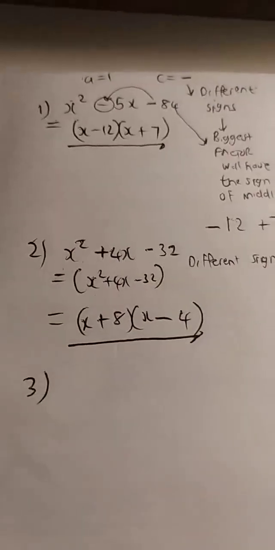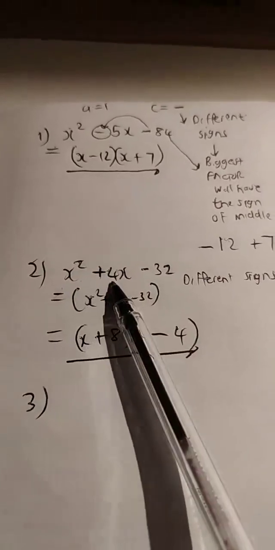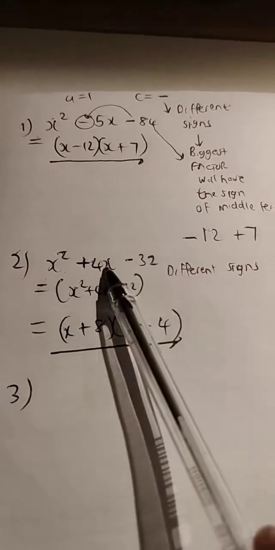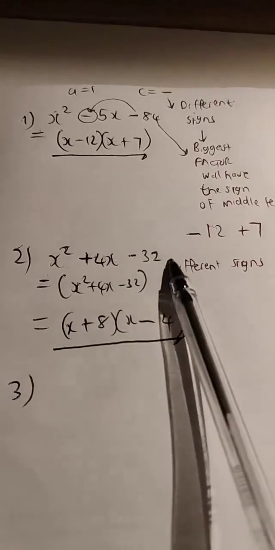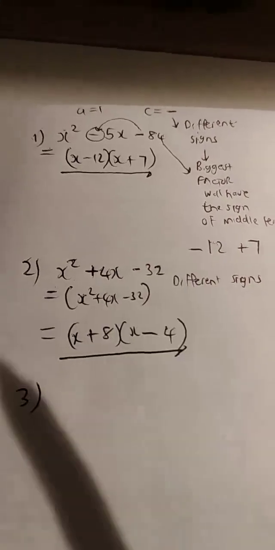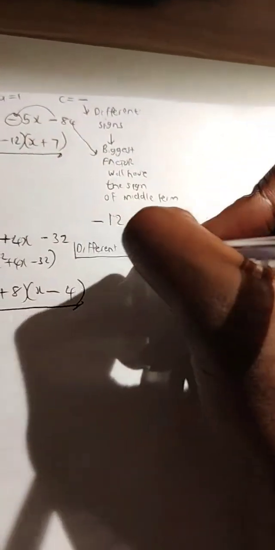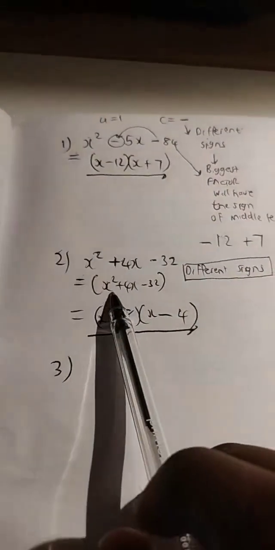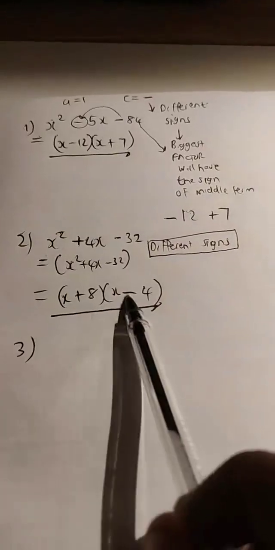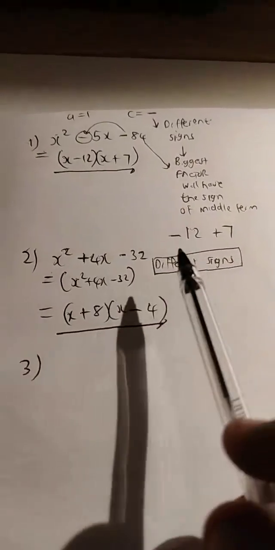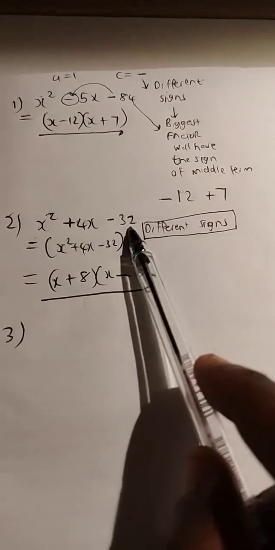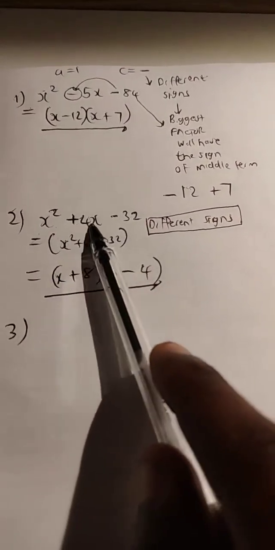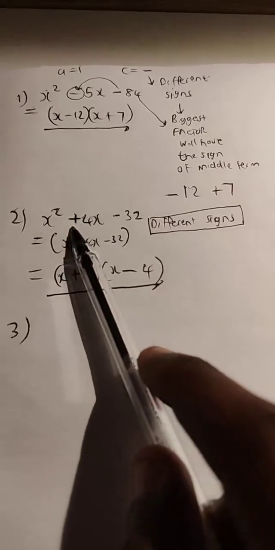Please repeat number 2. x squared plus 4x minus 32. If your last term, your constant, is negative, that means we are going to have different signs inside the bracket when we factorize the trinomial, depending on whether the factors exist which, when we multiply them, give us negative 32, and when we add them give us positive 4.